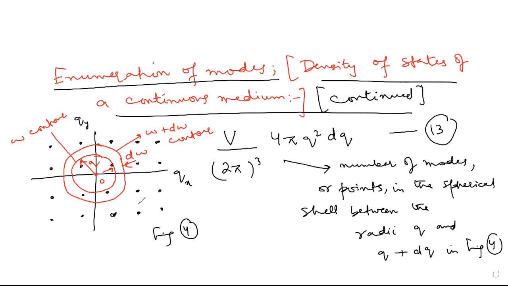Remember, figure 4 is showing the allowed values of q, which is now a vector in 3 dimensions for a wave traveling in 3 dimensions. In this figure, only the cross section is shown in the qx, qy plane.